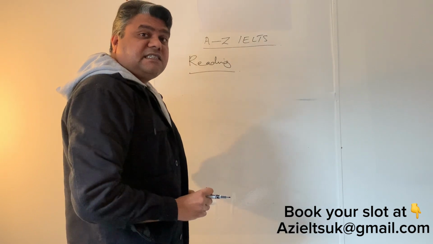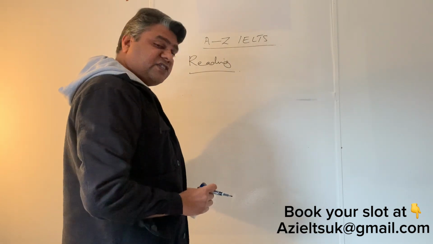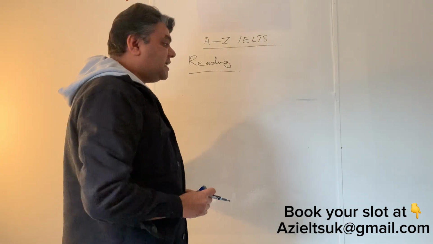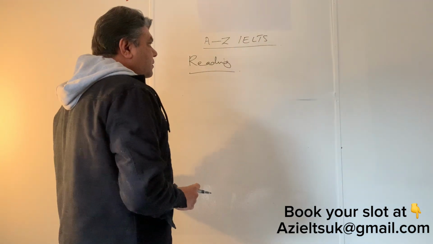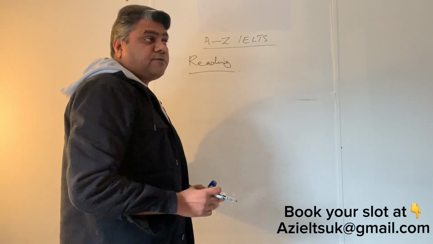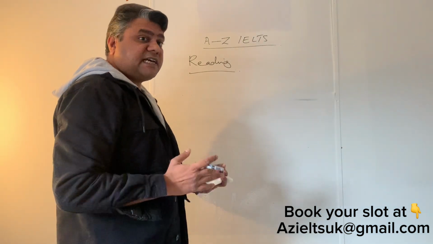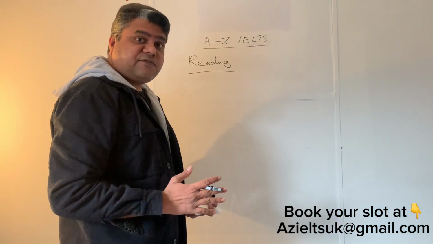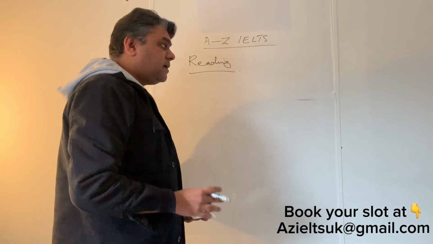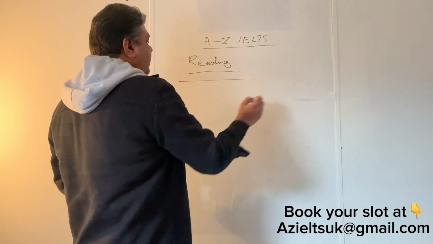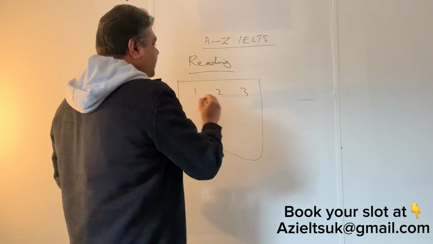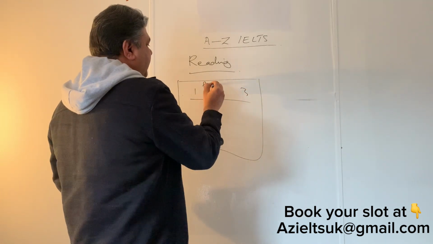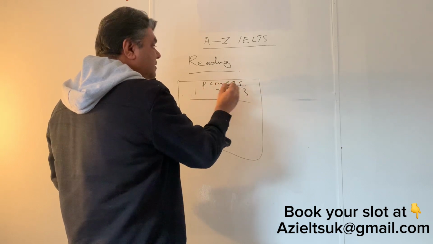The reading test is different for general training takers and different for academic takers. There is no difference in the set pattern of the test. The difference is the script, because you will be given 3 passages to read.